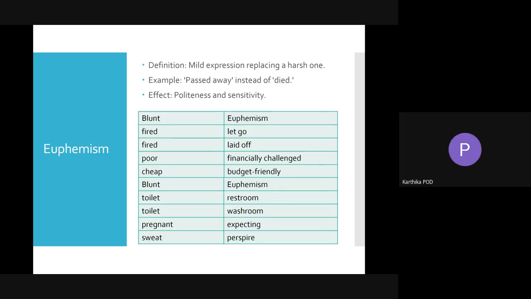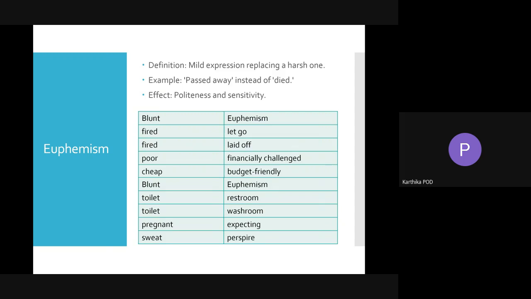And then comes euphemism. Euphemism is using better or milder expressions to replace harsh ones. For example, instead of saying he was fired, people say he was laid off. Or instead of saying he's a poor guy, you could say he's financially challenged.